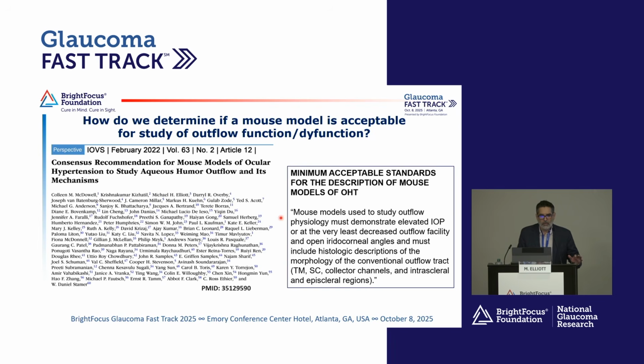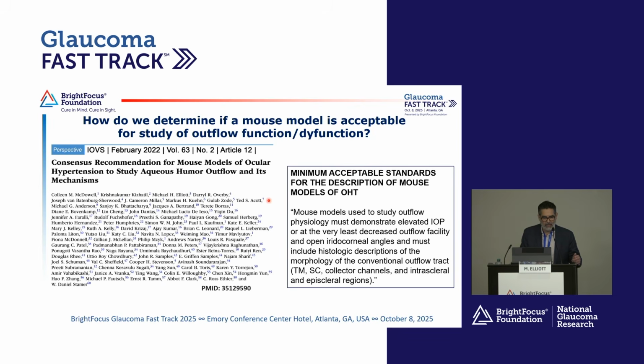Okay, so what would be a good description of models? A group of us got together a few years ago and put together essentially a consensus statement, referred to here and published, on mouse models for ocular hypertension. And the minimum acceptable standards for this description is stated here.